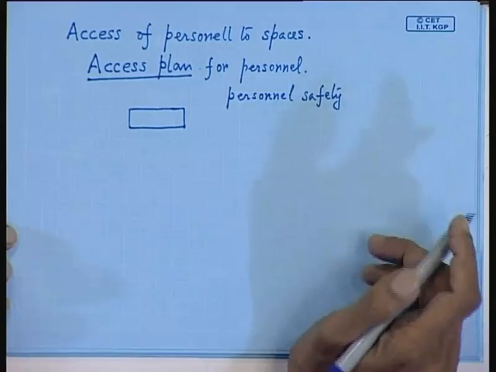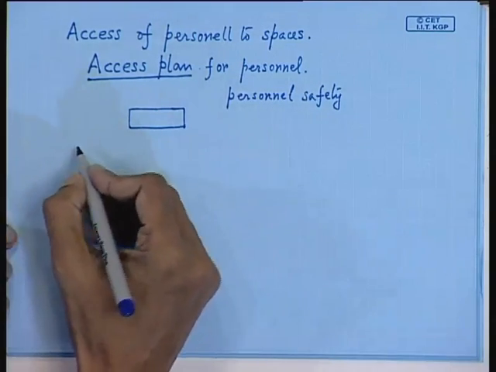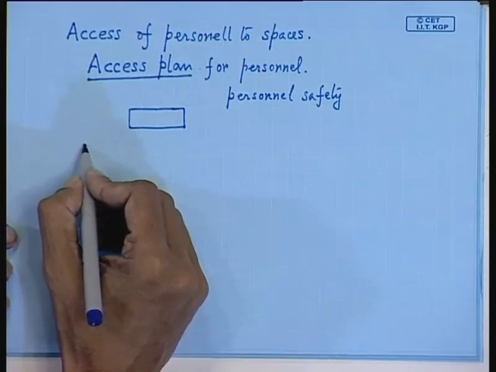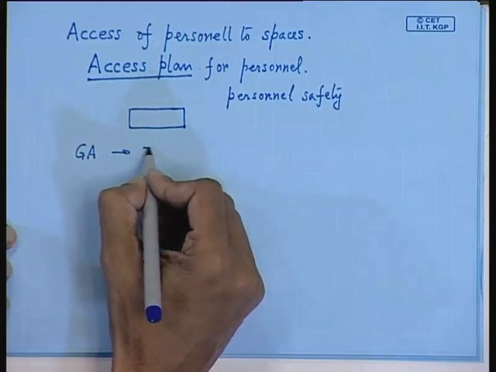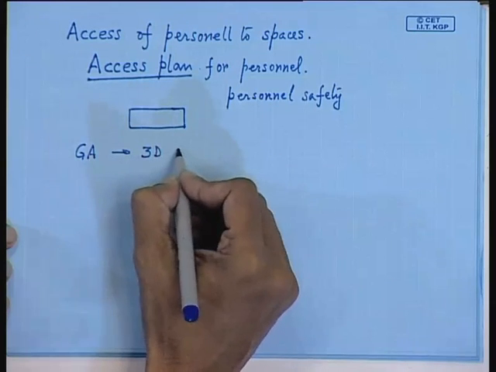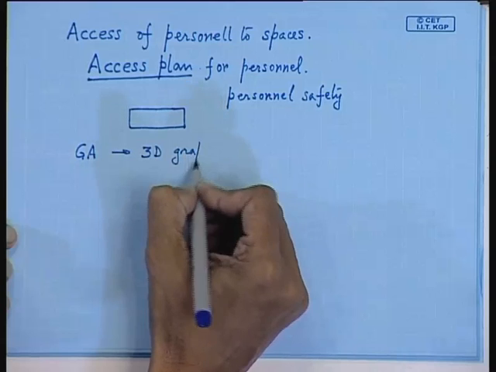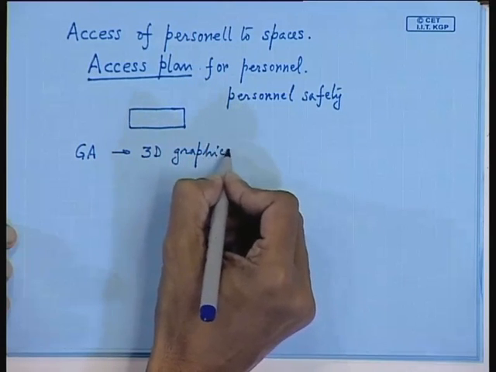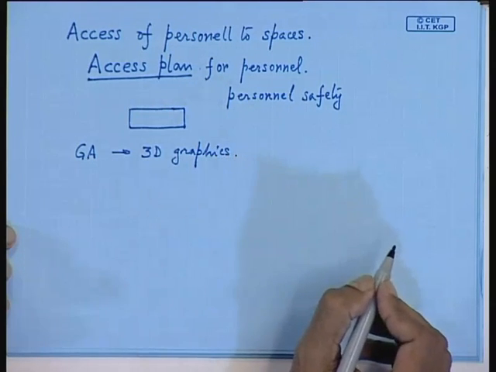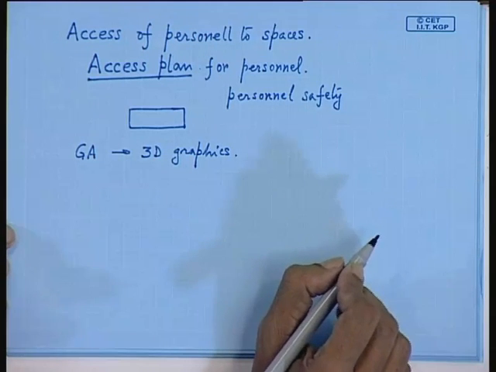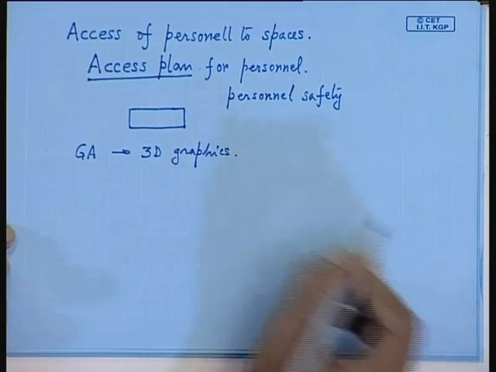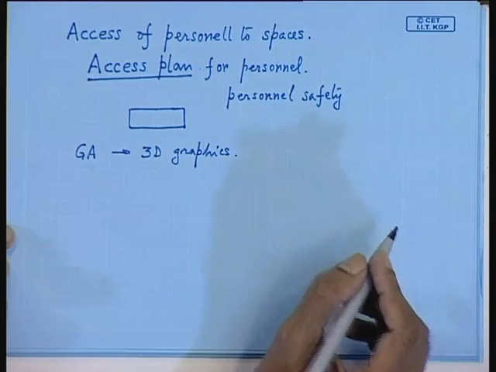Nowadays, your general management drawing, that is your topside facility, you do in 3D AutoCAD or 3D graphics. This is normally done in the shipyard in your design office. I think most of you have done 3D graphics in SolidWorks, etc., or AutoCAD.